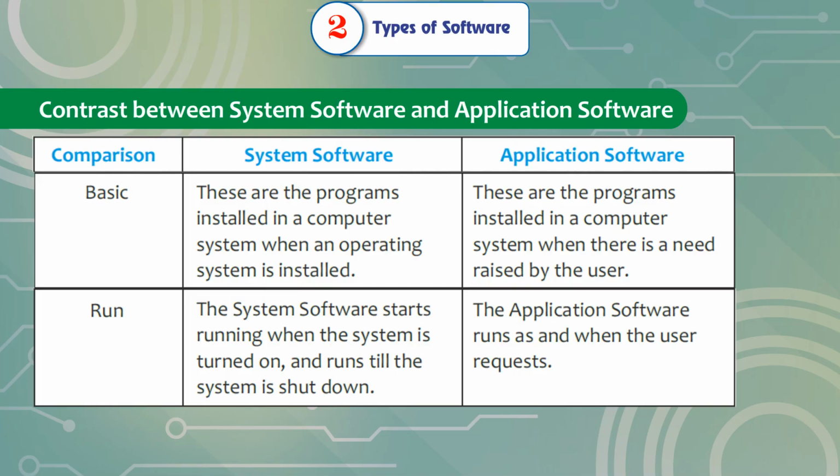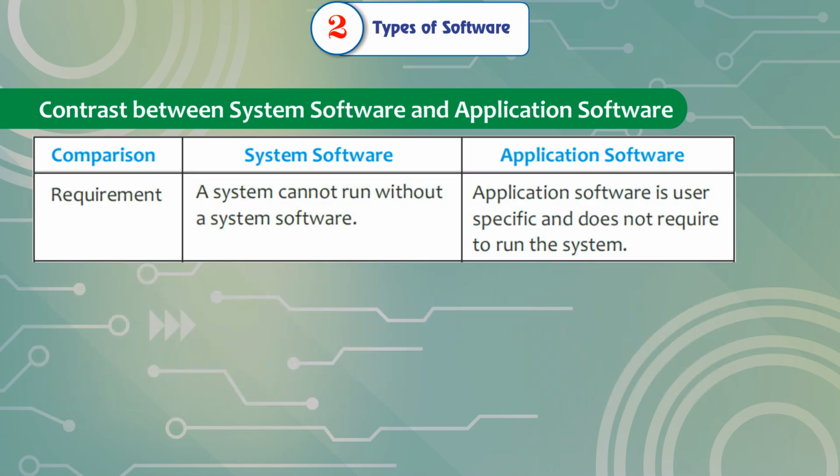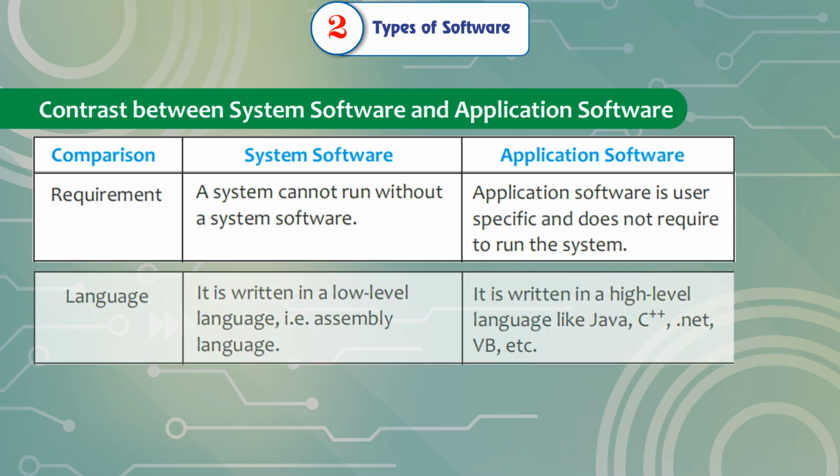Run: the system software starts running when the system is turned on and runs till the system is shut down. The application software runs as and when the user requests. Requirement: a system cannot run without a system software. Application software is user-specific and does not require to run the system.